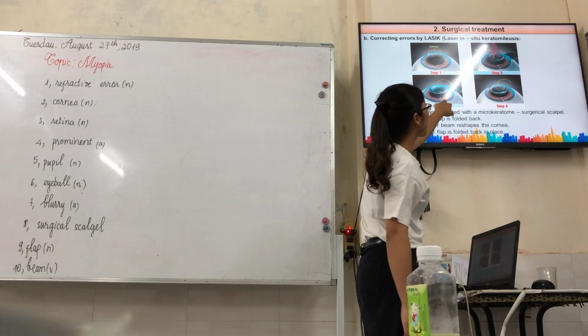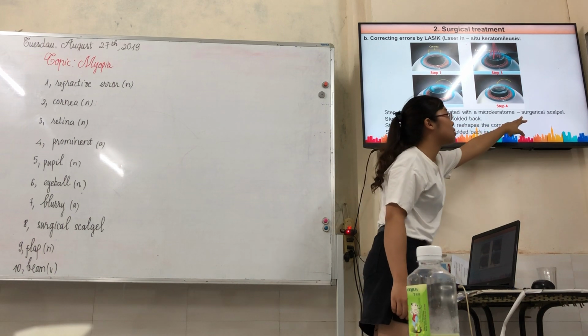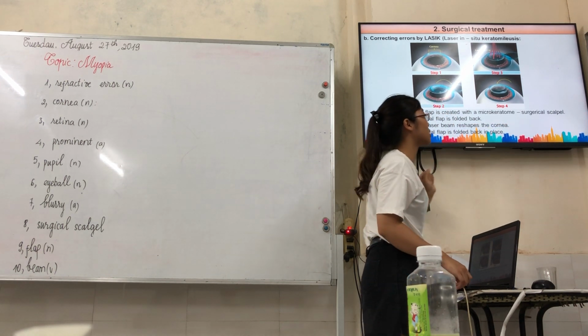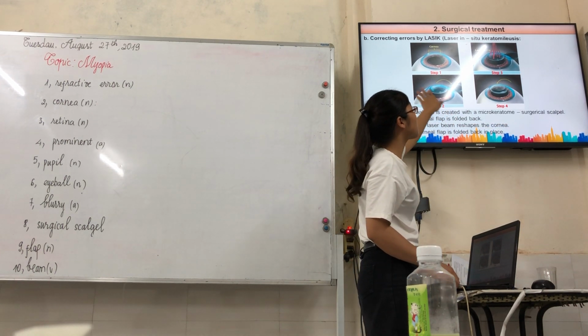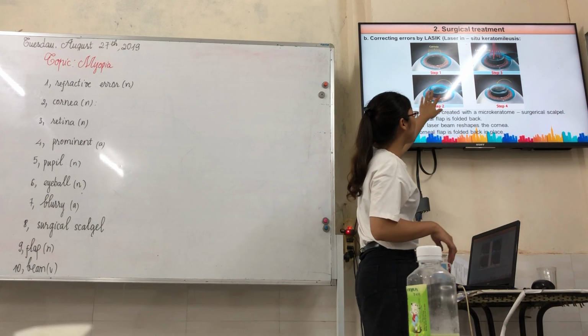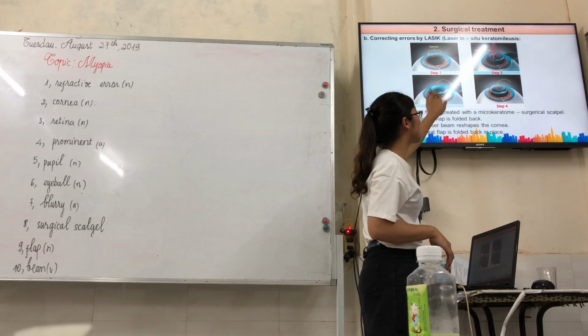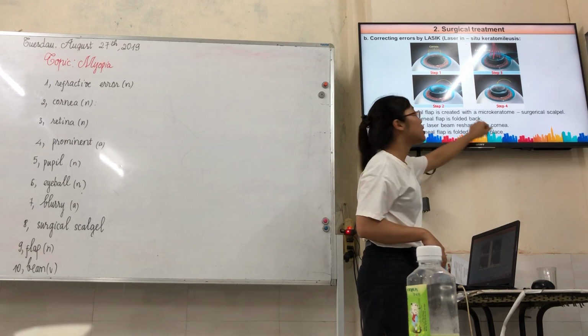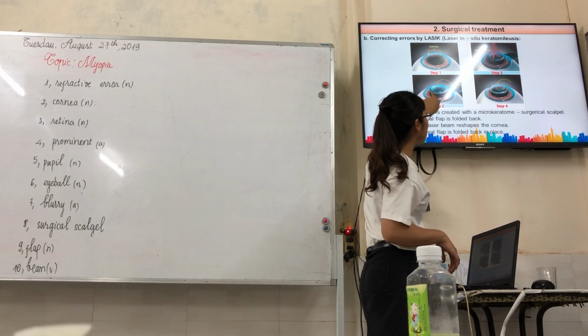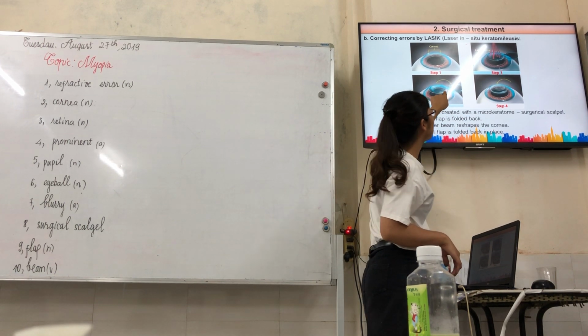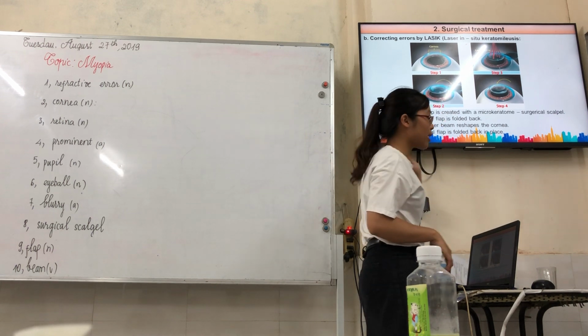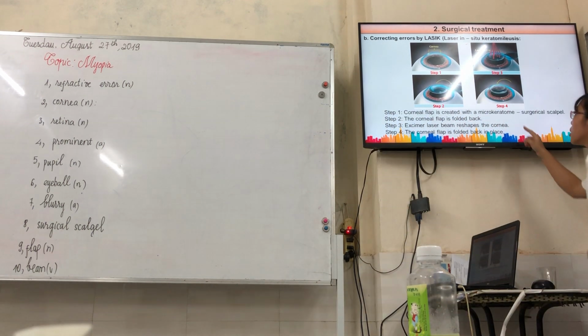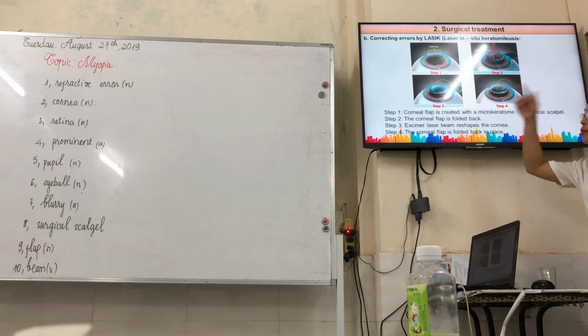You can see that they still use a surgical scalpel, but in this process they don't remove all the cornea. They just remove a part of the cornea. You can see like that, and then the same steps as the first version.